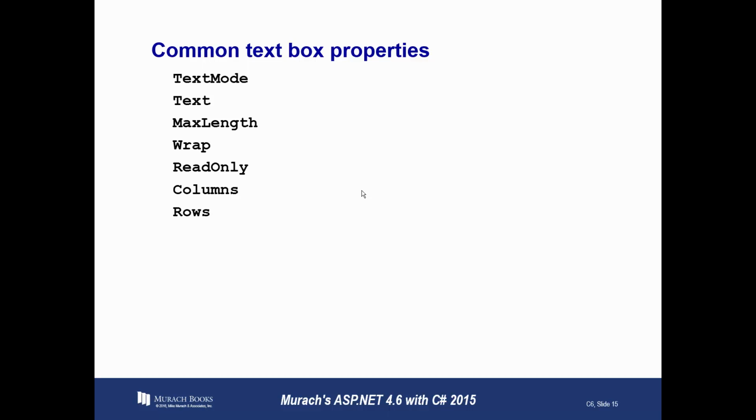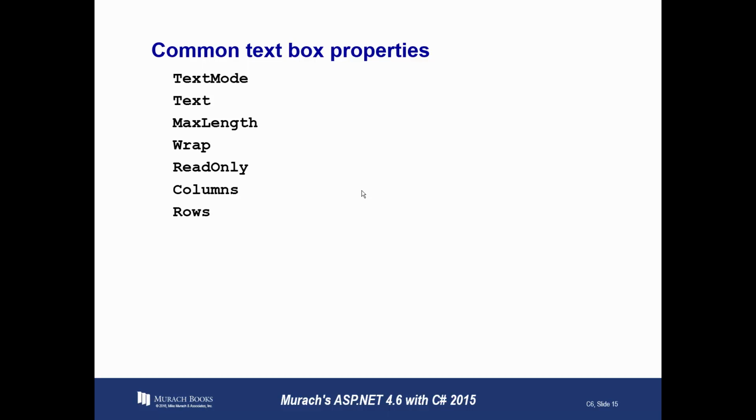You can set multi-line, where you can have more than one line of text, and you can also set password for a password. Text property is what you want to put into the text box.